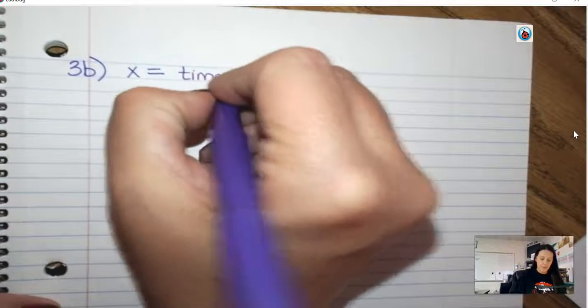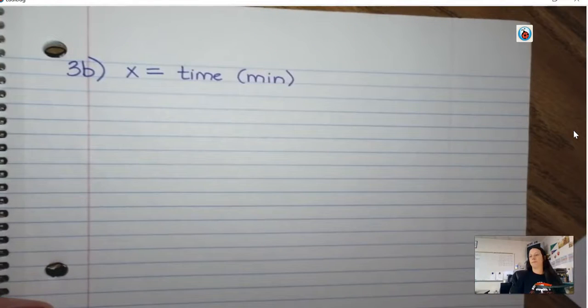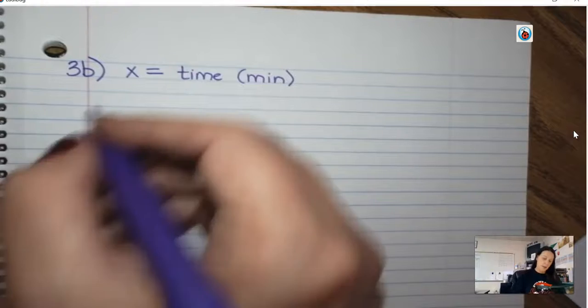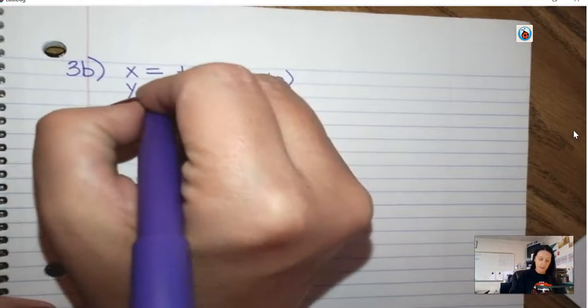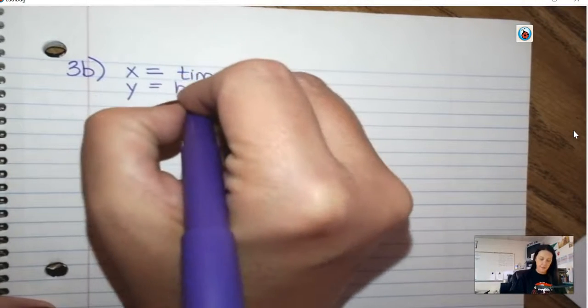So some important information. In the picture of the graph, the label on the x-axis is time in minutes. That's important. The label on the y-axis tells me it'll be height in feet.